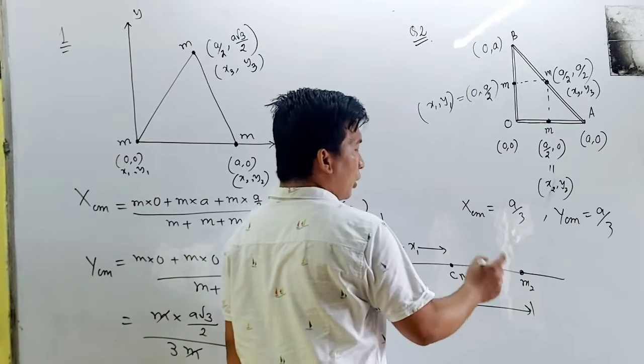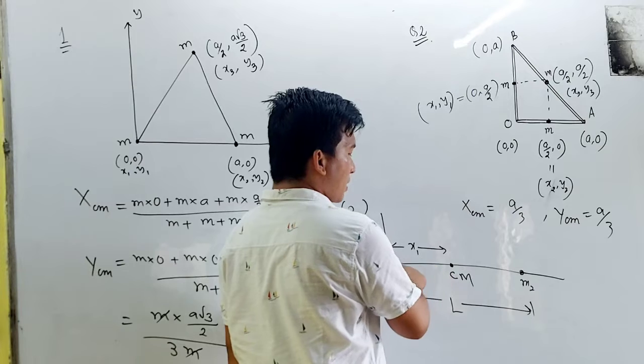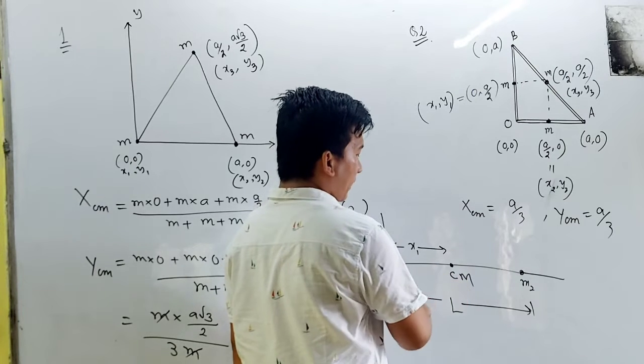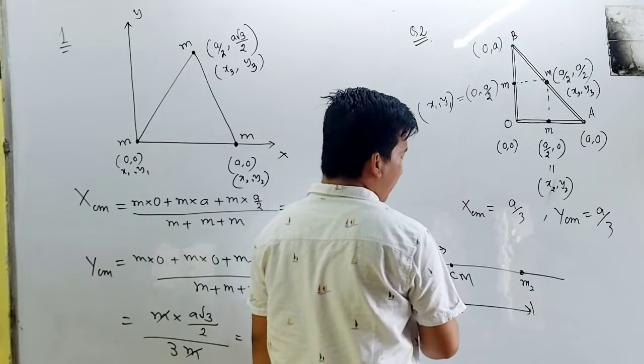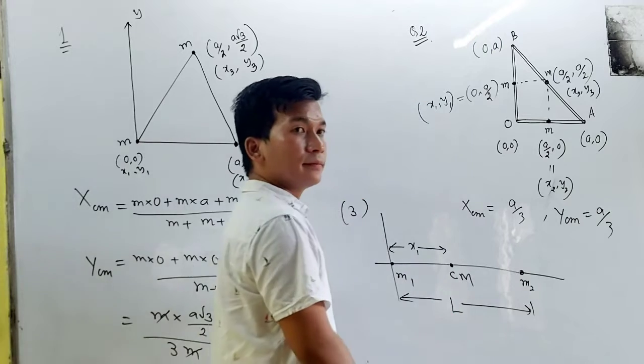Now this is the center of mass. You have to find out the distance of mass m1 from the center of mass, provided that m1 and m2 were initially separated by l.